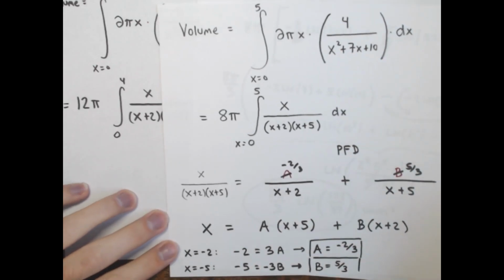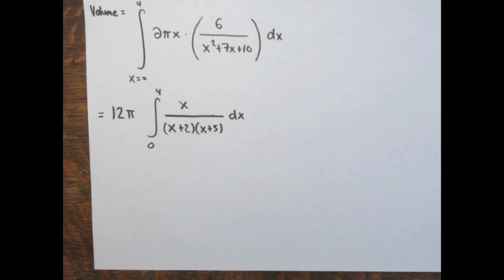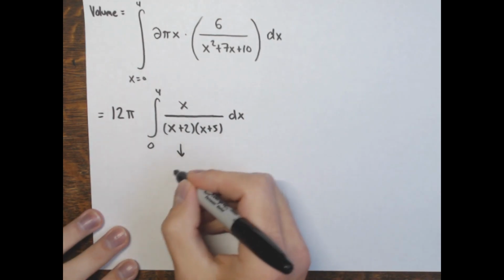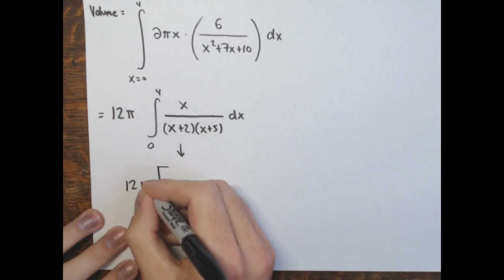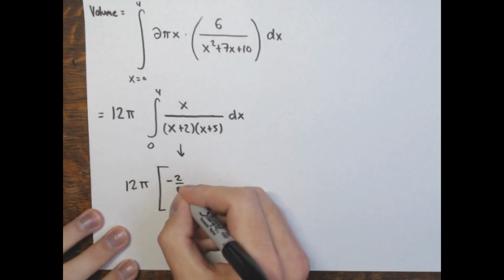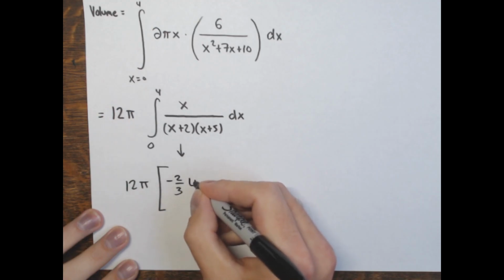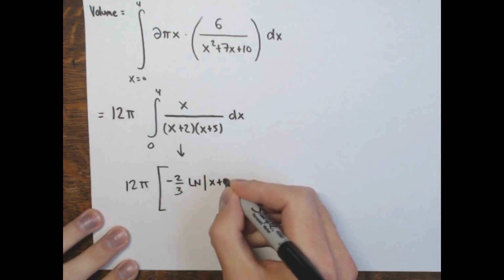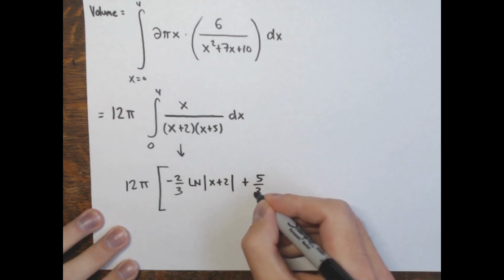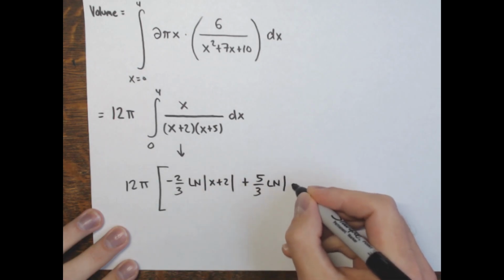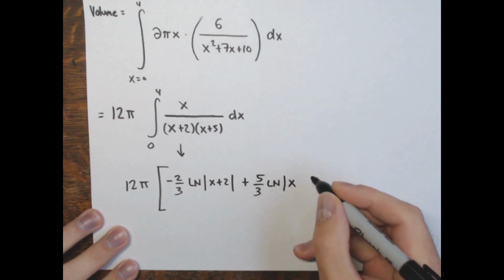After integrating, I'll jump to the end: 12 pi times negative 2/3 times the natural log of the absolute value of x plus 2, plus 5/3 times the natural log of the absolute value of x plus 5.